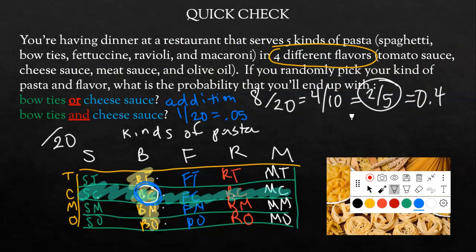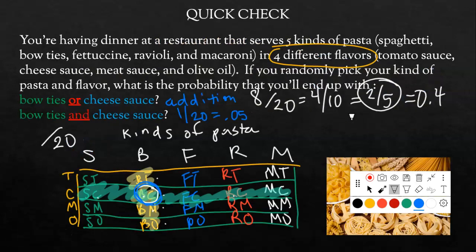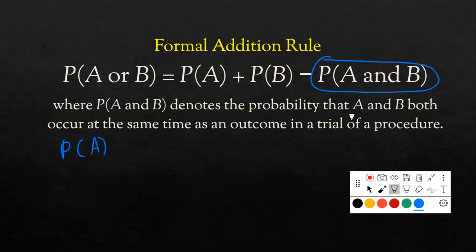So there's 5 kinds of pasta and there's 4 kinds of sauce. So the probability that I would select the bow ties, there was a 4 out of a 20 chance that I would have selected the bow ties.